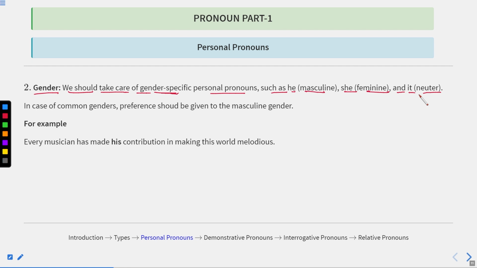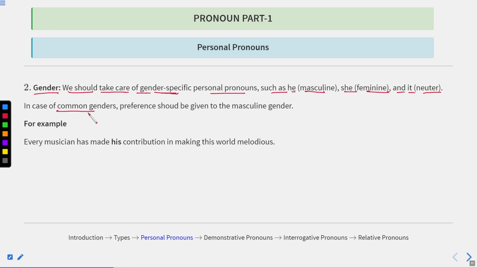This gender case should be written according to the personal pronouns or the gender of the person. In case of common gender, we have already learned the concept of gender in nouns, and I told you that there is common gender as well. Common gender means it is either of the two, but we cannot conclude which one we are talking about exactly.